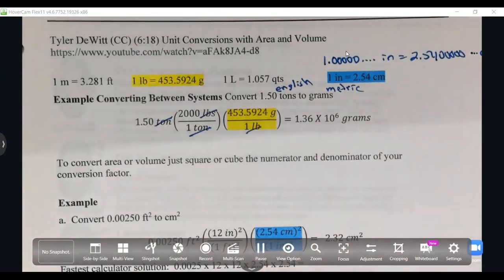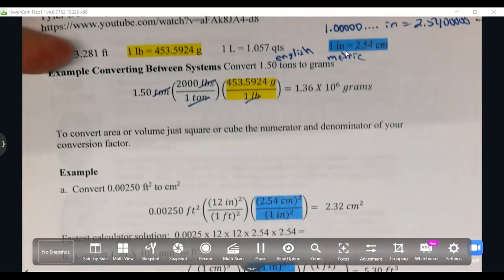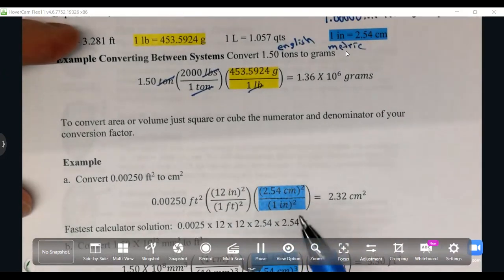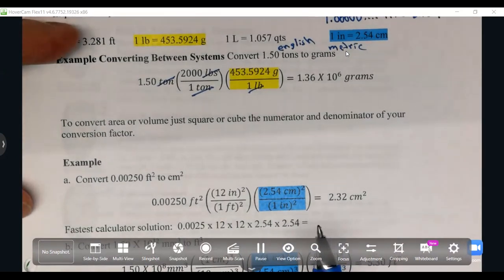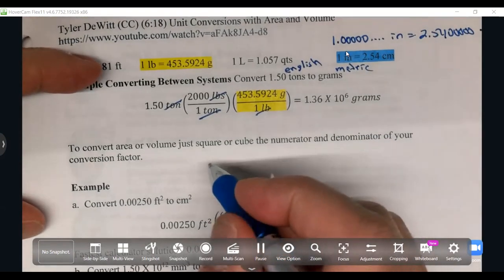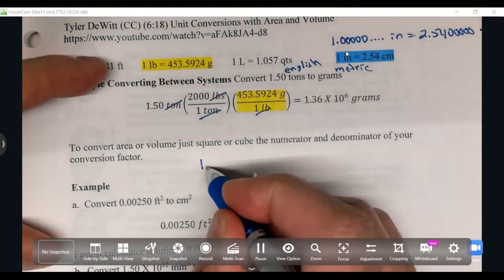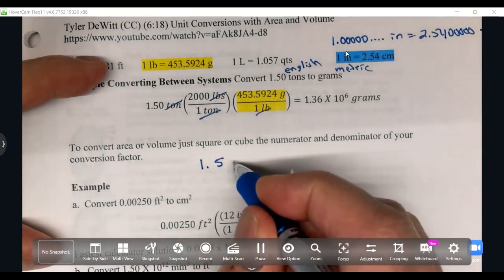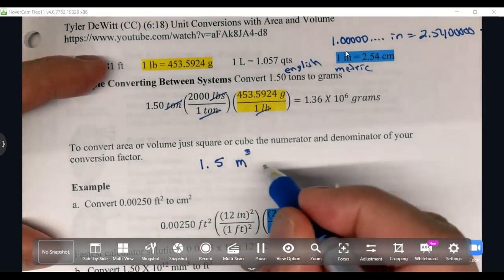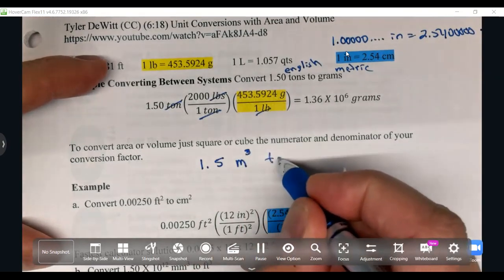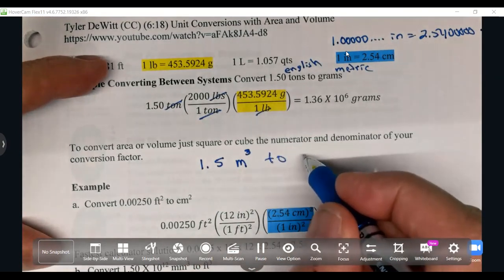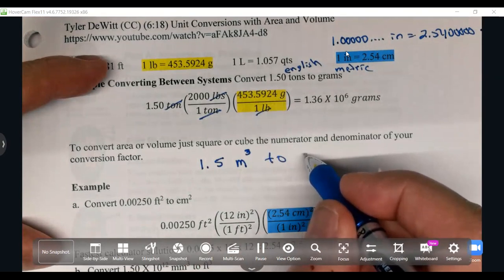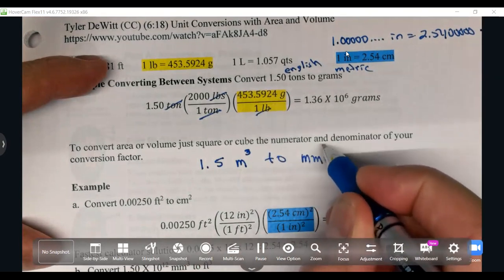Okay. Now let's talk about area and volume. First of all, in the metric system, if I have something that looks like this, let's say I've got 1.5 cubic meters to, let's say, cubic millimeters.